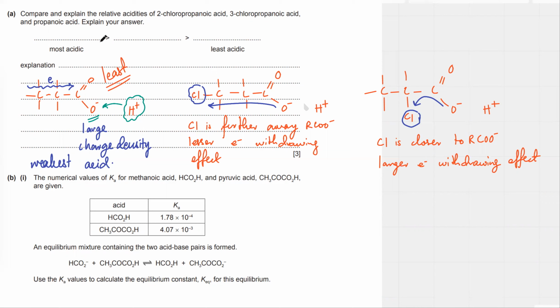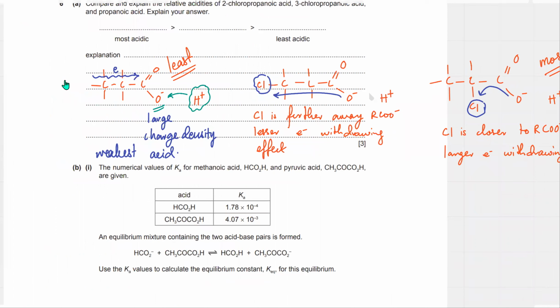And this one over here is the most acidic, ठीक है? I mean, you'll get probably 1 mark or 2 marks for this, and 1-2 marks for the explanation. In the explanation, you're only going to talk about alkyl chains having electron donating effect. Okay, so over here you're going to mention the electron donating effect of alkyl chain.